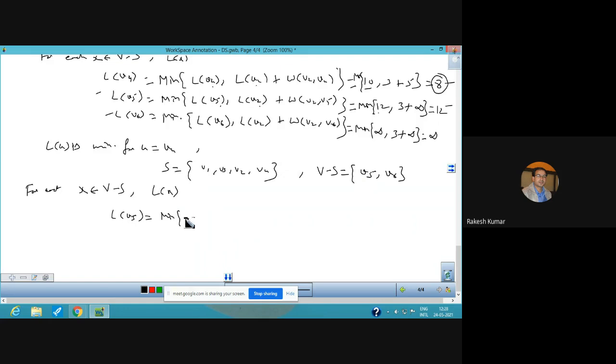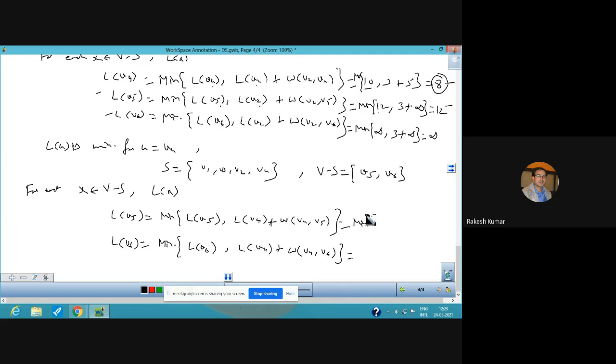The formula will be minimum of L(V5) and L(V4) plus the weight between V4 and V5. Similarly, L of V6 will be minimum of L of V6, comma, the length of V4 plus weight between V4 and V6. Now you can use the technique again.